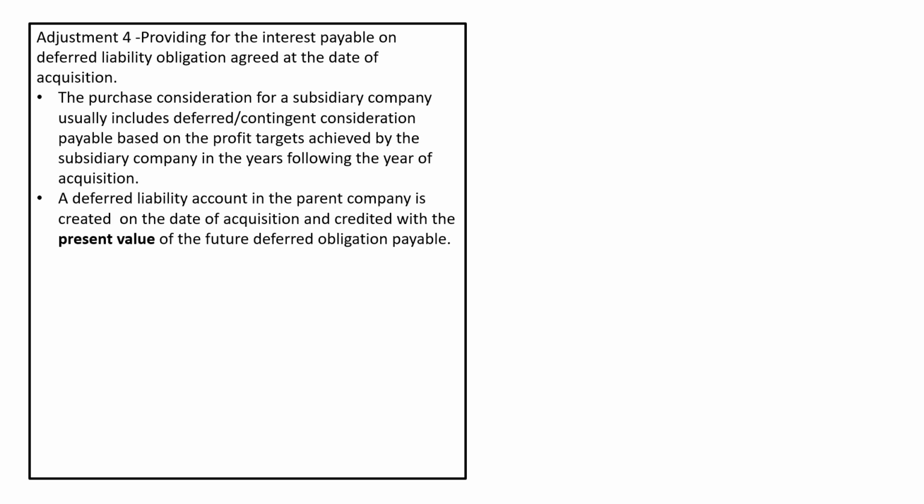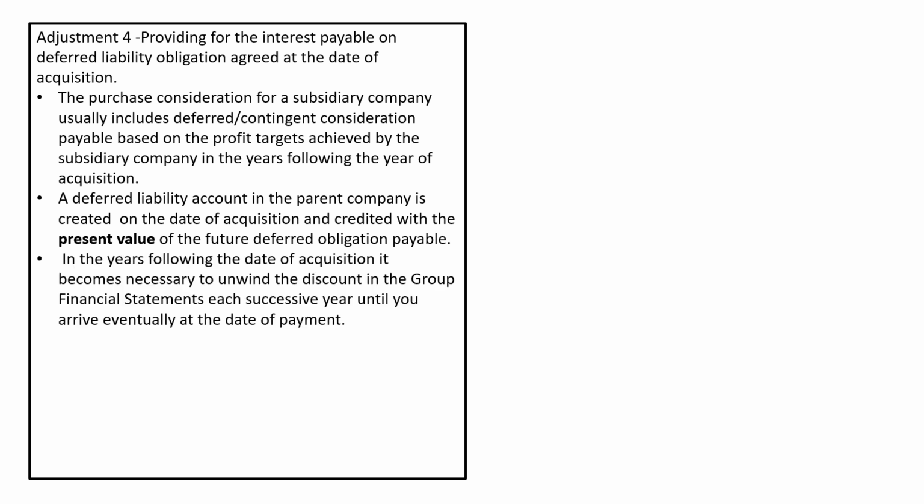A deferred liability account in the parent company is created on the date of acquisition and credited with the present value of the future deferred obligation payable. In the years following the date of acquisition, it becomes necessary to unwind the discount in the group financial statements each successive year until you arrive at the date of payment.